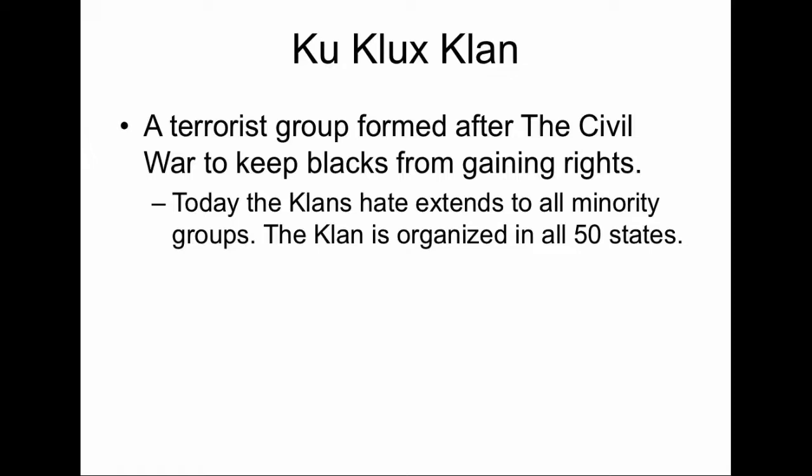One of the key issues in front of the entire Southern population after the war, and we have the 13th, 14th, and 15th Amendments: the 13th abolishes slavery, the 14th gives citizenship rights, the 15th gives black males 21 and older the right to vote.